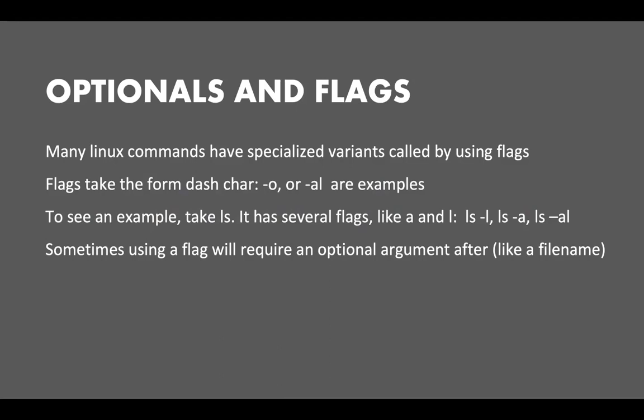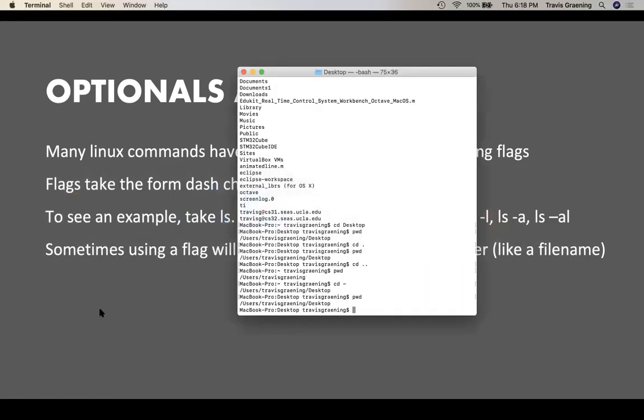The flag a is to list all the files and directories, including ones that start with a period. And the l flag is to print in long format, which allows you to see stuff like how many bytes are in a file or when it was created, which is very similar to the details you might see in Finder or File Explorer. And sometimes right after the flag, it will require an additional argument, like a file name, and Travis can show you in his terminal a quick example of that.